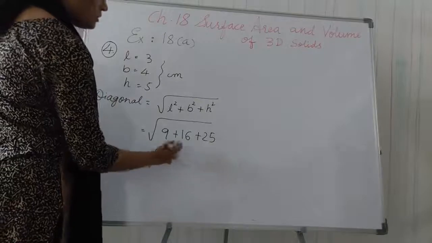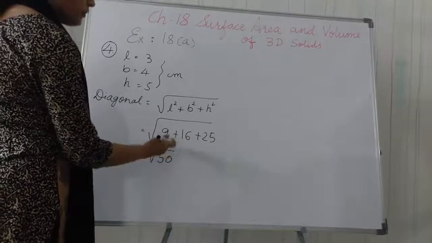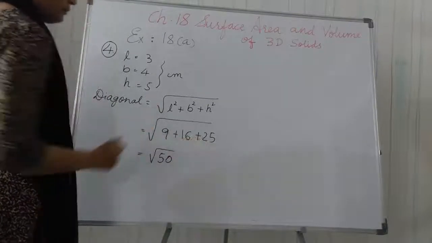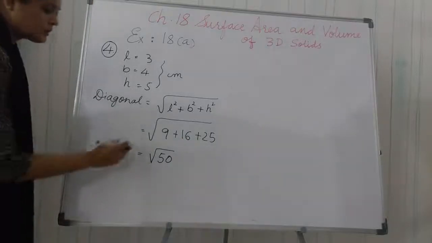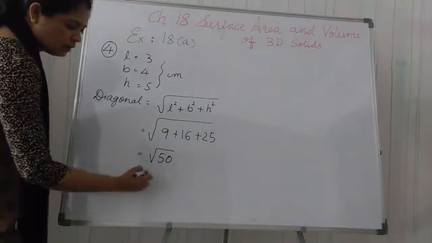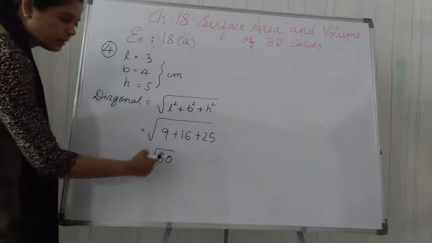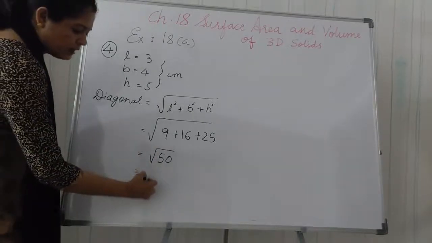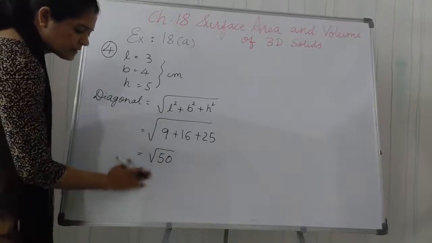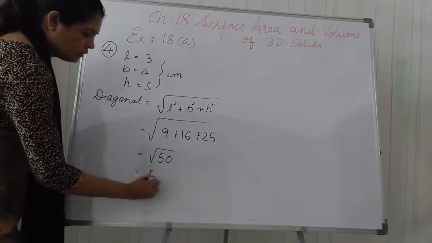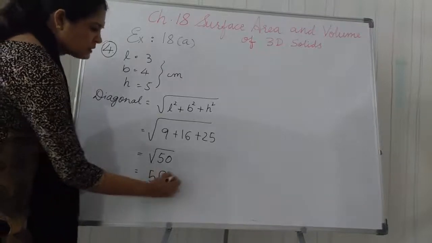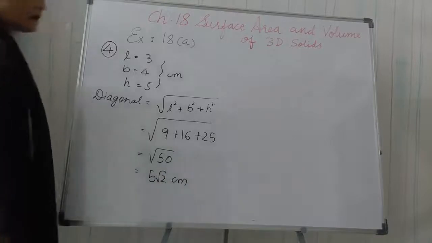You see, 16 plus 9 is 25. 25 plus 25, 50. Now to get the square root of this, you all know 50 is 2 25s. So I can write 5 root 2 as the answer. 5 root 2 centimeters is the answer.